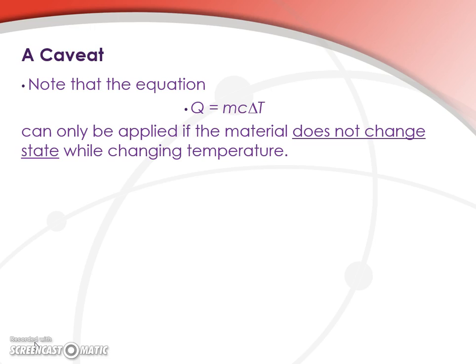You may have noticed that the examples we used yesterday were chosen carefully to keep water between a certain range of temperature, to only put certain materials into our flask when we were measuring the change in temperature. If we see a change in state, that equation no longer applies.